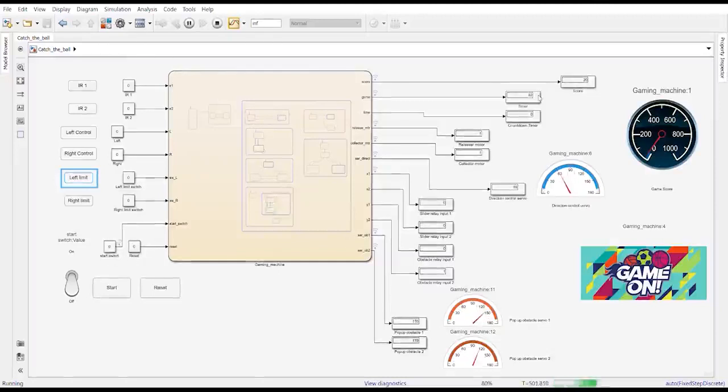The game time is still decreasing, the servo is changing its direction, and game on is shown, which is a multi-state image. When the game time reaches 0, it will change to game over. Also the popping obstacles are changing their speed with time.